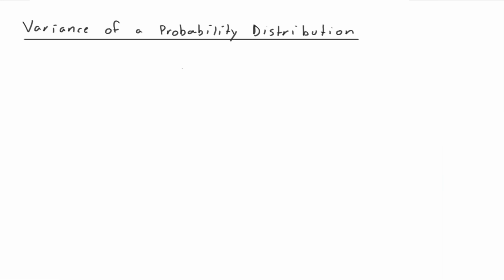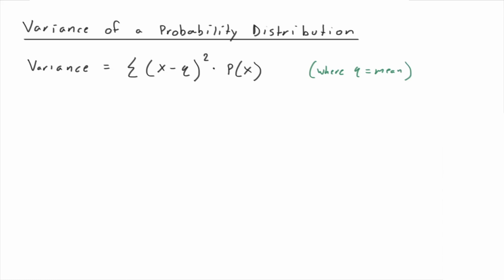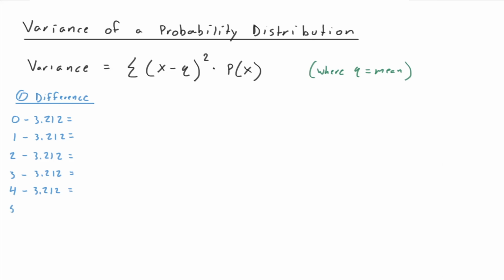Variance, for example, can be calculated by the expression the sum of the quantity x minus mu squared times p of x, where mu, the fancy looking u, is the mean, and x, just like before, is the different values of our variable. So we could do 0 minus 3.212, 1 minus 3.212, 2 minus 3.212, and so on all the way up to 5 minus 3.212.